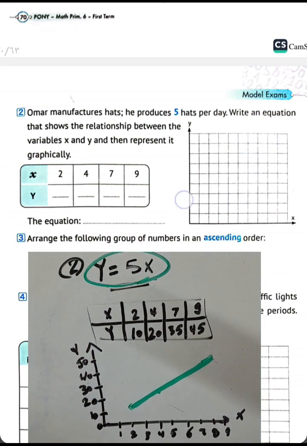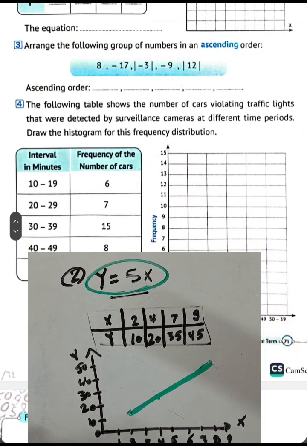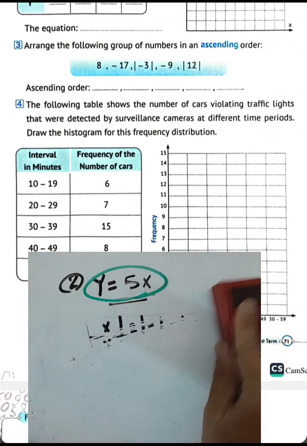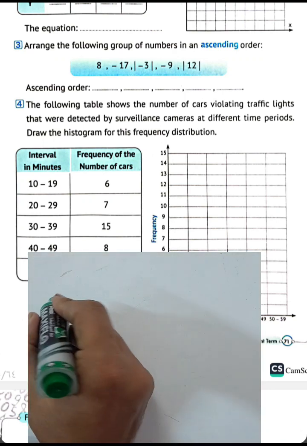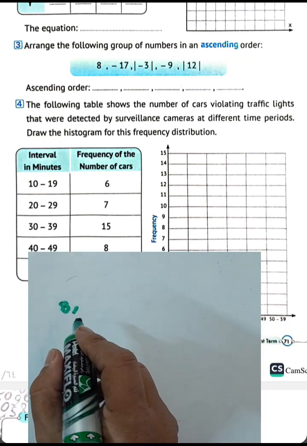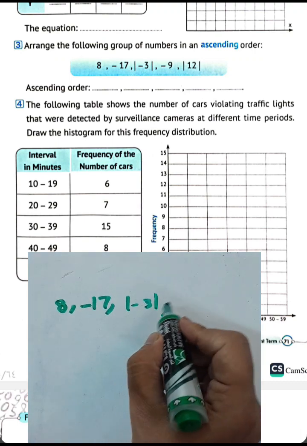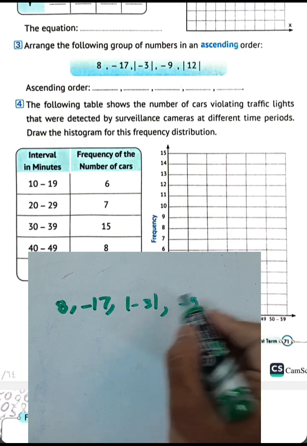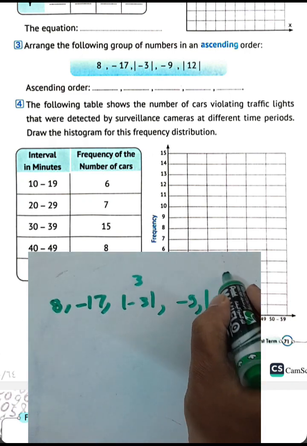Question number 3. Arrange the following numbers in ascending order. First, we must find the absolute values. We have 8, negative 17, the absolute value of negative 3, negative 9, and the absolute value of 12. We know the result here will be 3 and the result here will be 12.